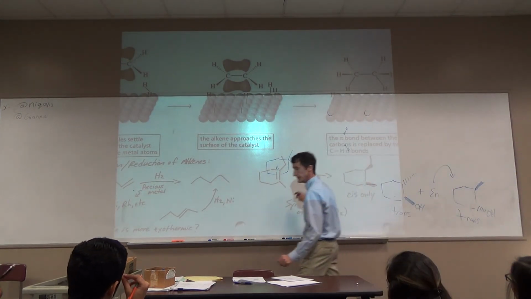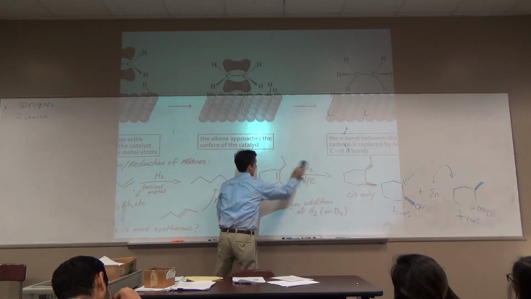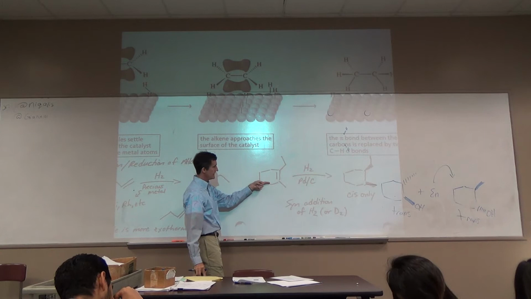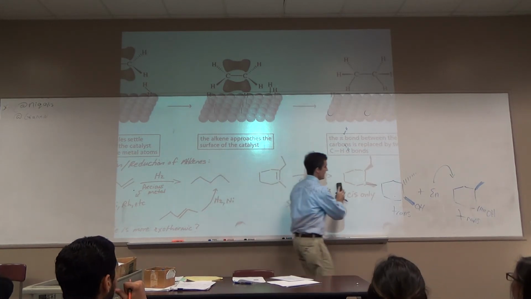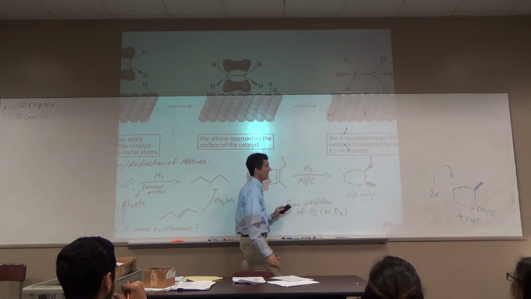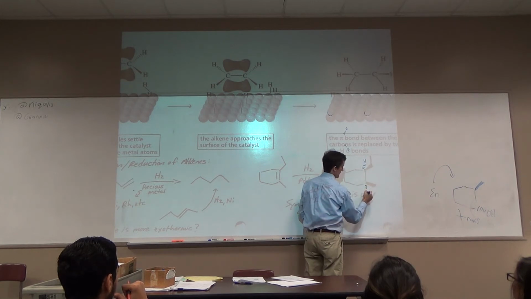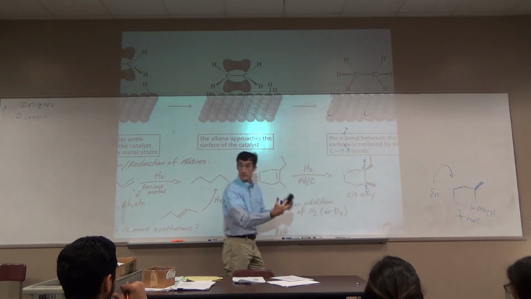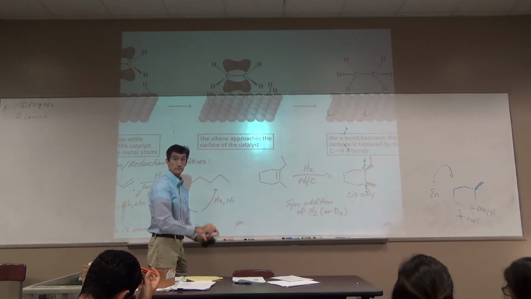And we'll look at this example first. You take this alkene, and then two H's come from the same side. What does that do to the two existing groups? Pushes them back. This is where both H's came from the back. It pushes the two existing groups forward.